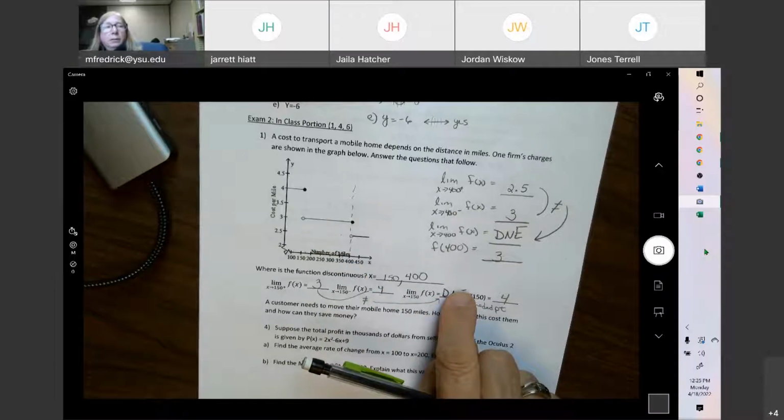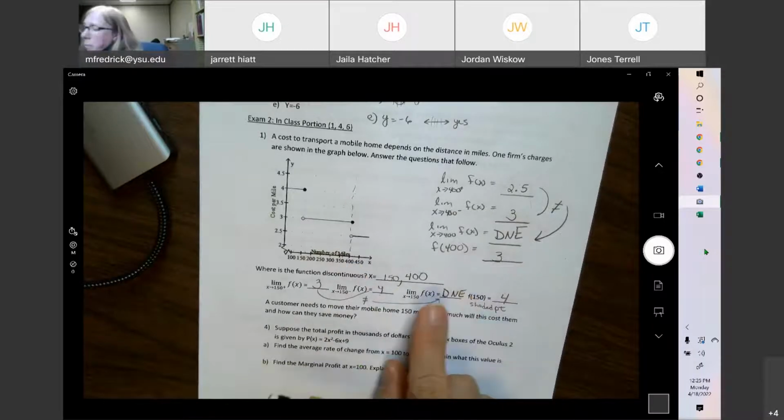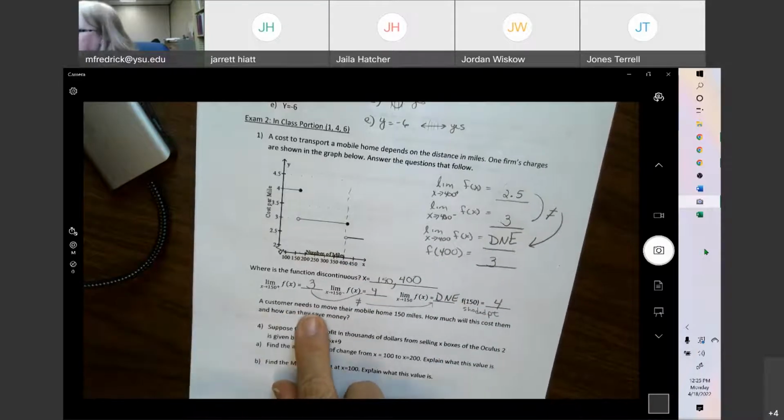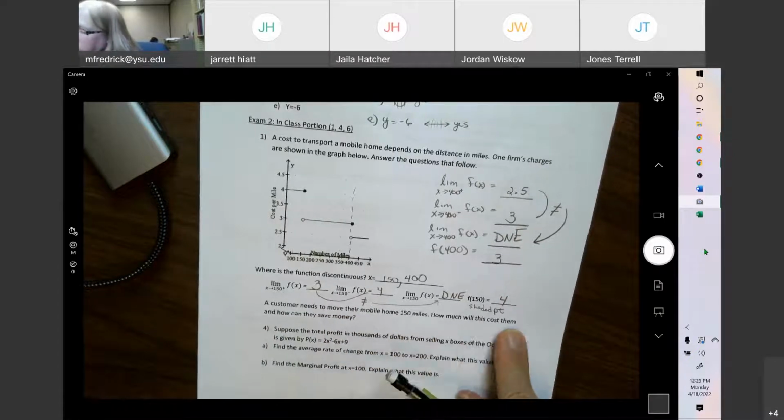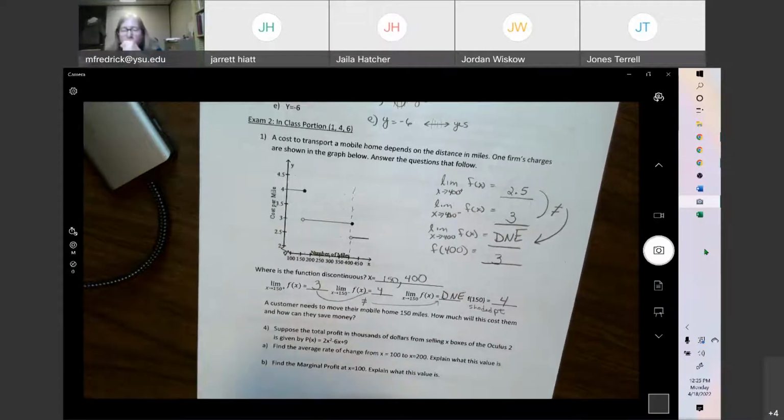Okay. It says, a customer needs to move their mobile home 150 miles. How much will it cost them? And then how can you save them money? So if they go 150 miles, how much does it cost per mile?